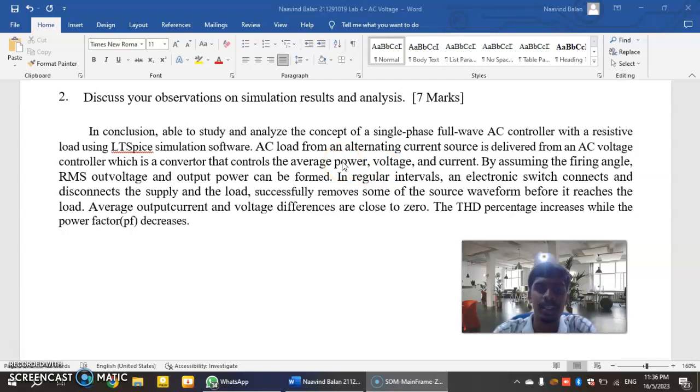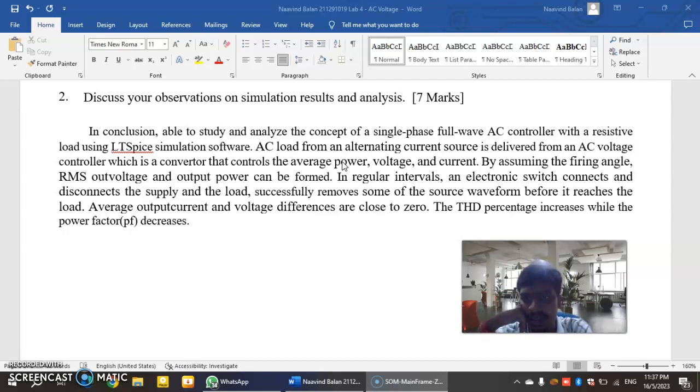The AC voltage from the alternating current source is delivered through an AC voltage controller, which controls the average power, voltage, and current. By adjusting the firing angle, the RMS output voltage and the output power can be varied in regular intervals.